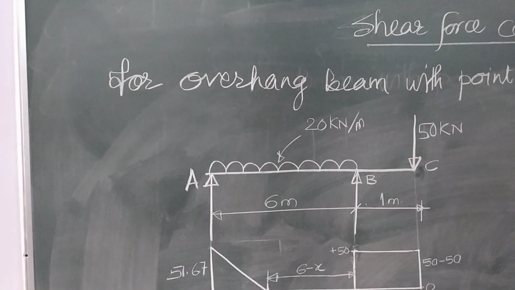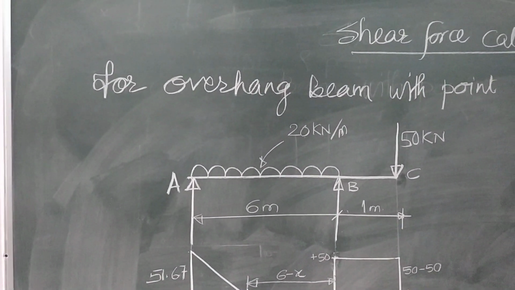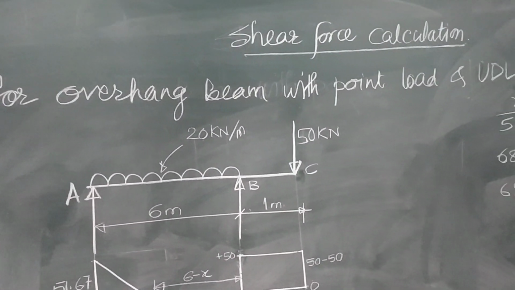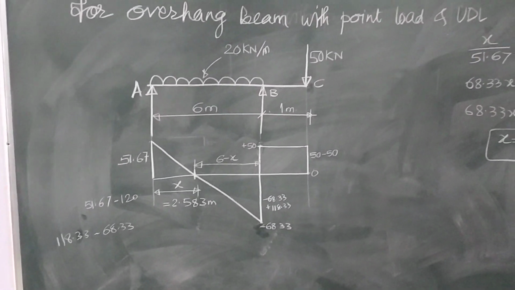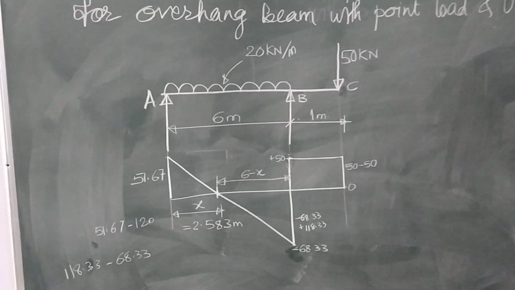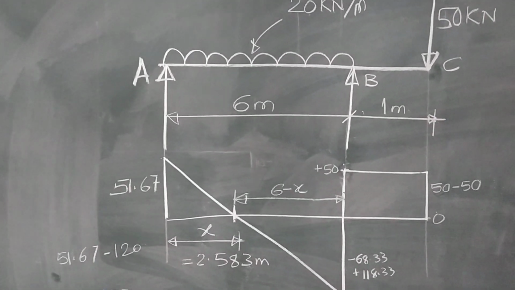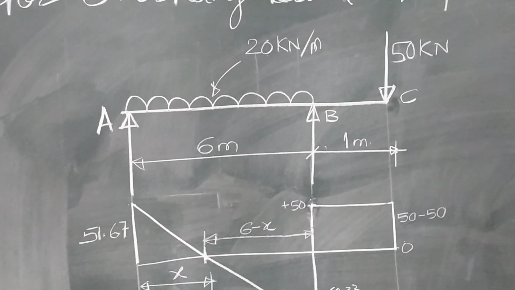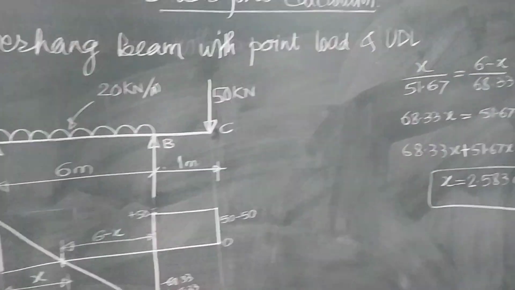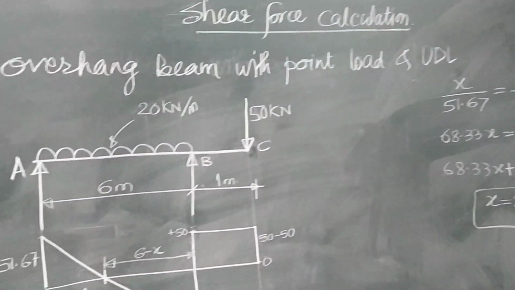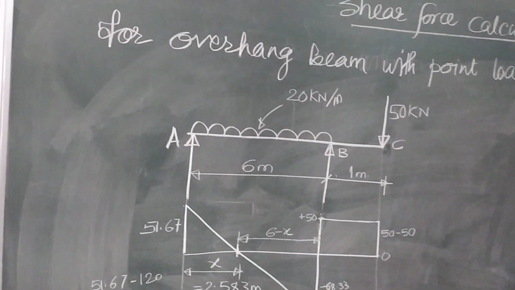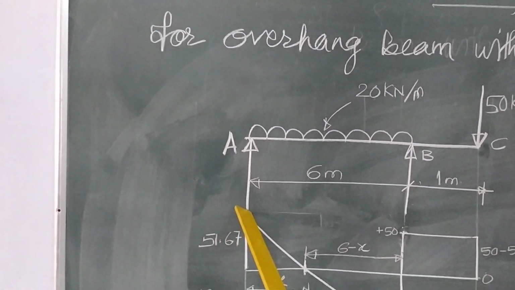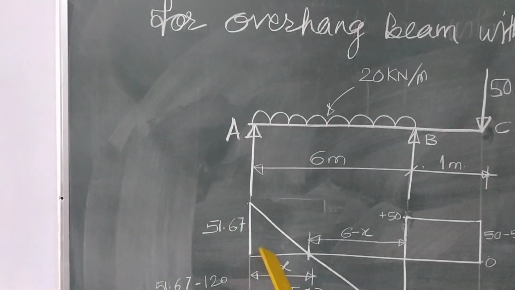We have studied two concepts in this lecture: the overhang beam with point load and UDL, as well as the point of contraflexure. So these are the 2 points we have studied: the shear force diagram for the overhang beam, and the point of contraflexure. Please note that this point appears in the diagram only when you connect these 2 points.